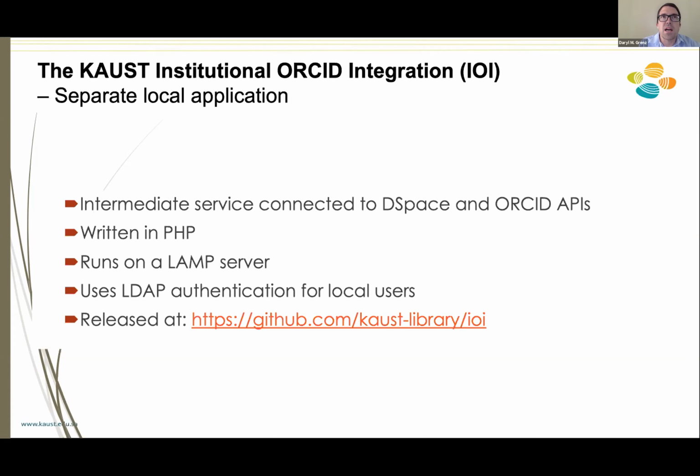We run it at KAUST as an internal service, so it's just within our network, and it uses the local authentication. So it's relatively lightweight, mostly just focused on helping people manage this connection between DSpace and ORCID.